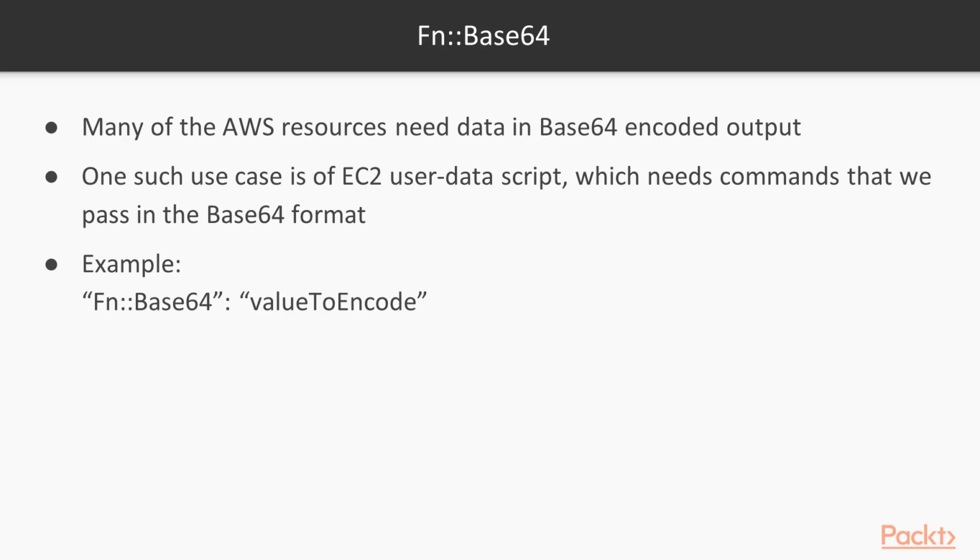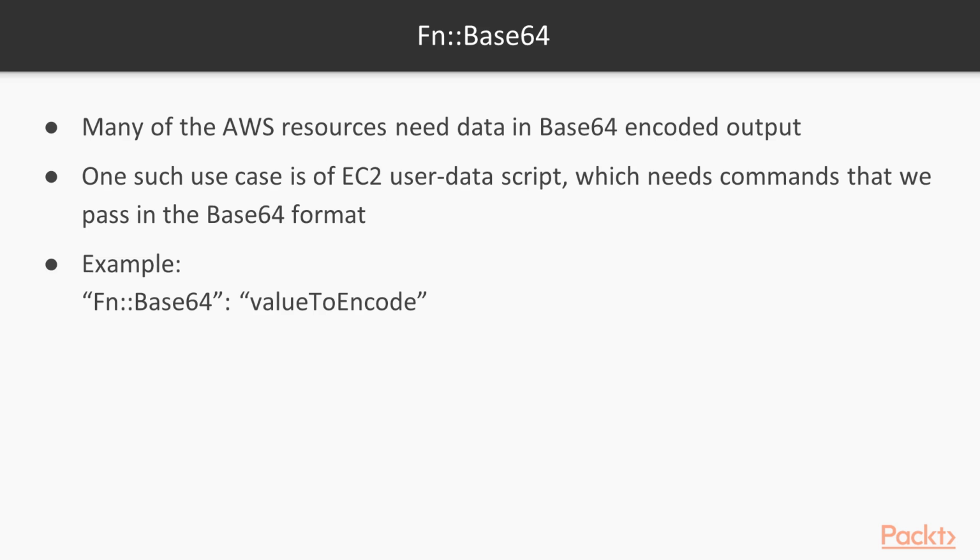Ideally, there are only two ways to do that. First, you write whatever commands you need in user data, go to a base 64 encoder tool, encode into the base 64 format and pass it to the user data. Or the simpler way is you just use the function of base 64, and within the value field you pass the commands that you want to pass with the help of user data scripts.